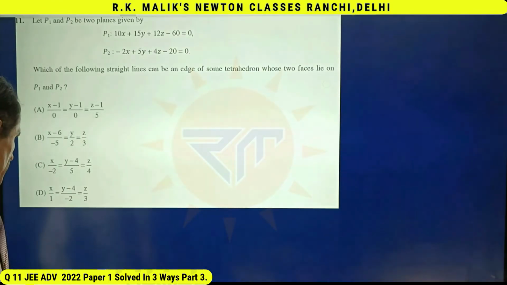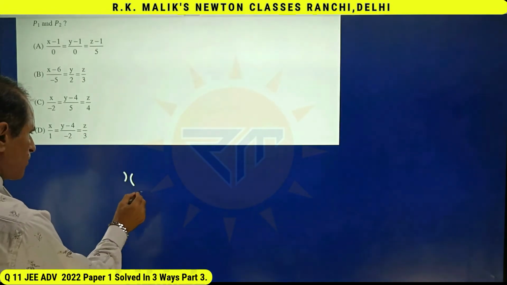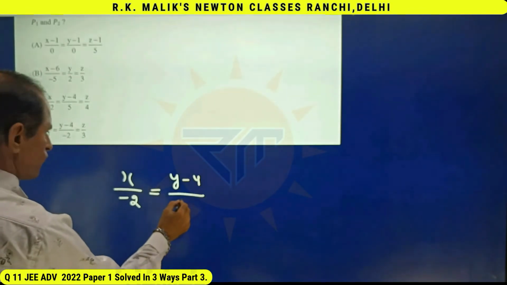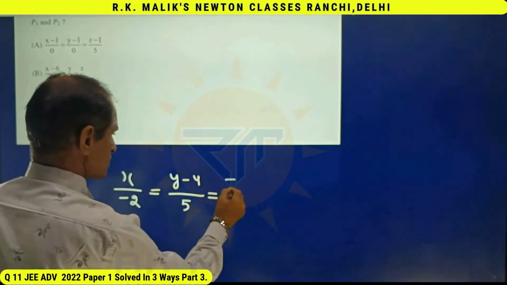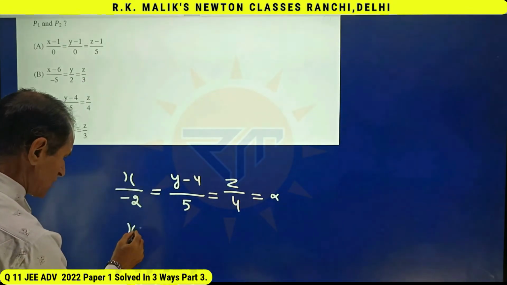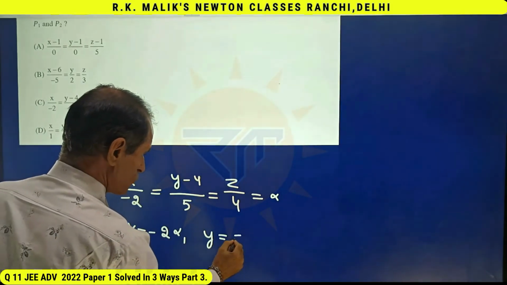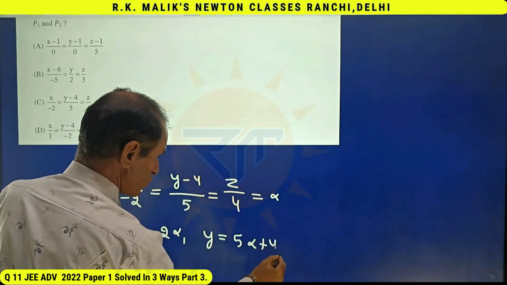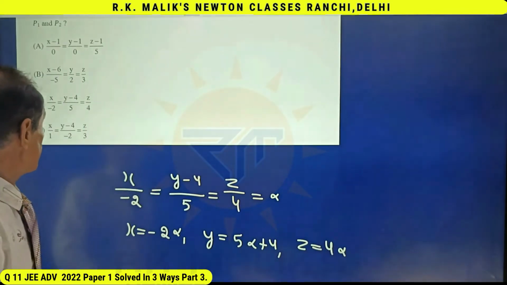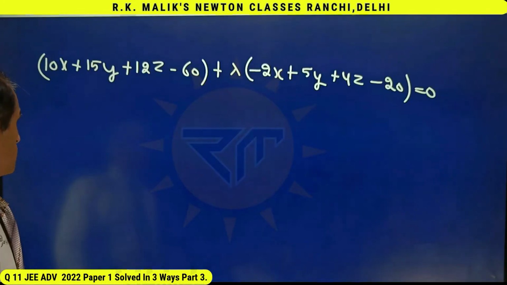And now the third case. To deal with this third case, let us suppose x upon minus 2 equal to y minus 4 by 5 equal to z by 4 as alpha. I get x equal to minus 2 alpha, y equal to 5 alpha plus 4, and z equal to 4 alpha. And again I will put this point in this plane.